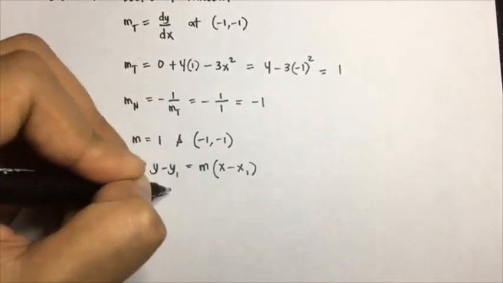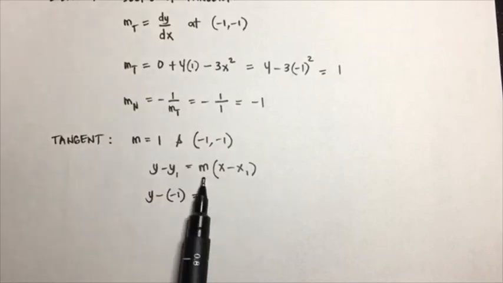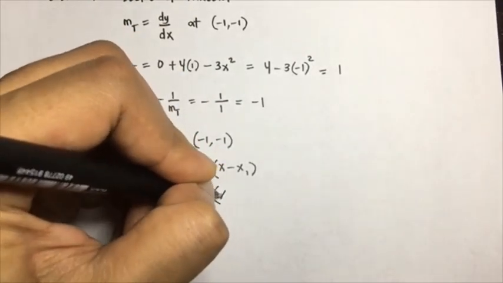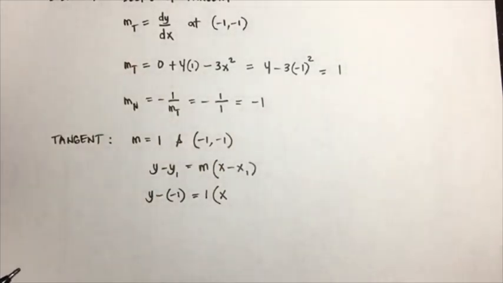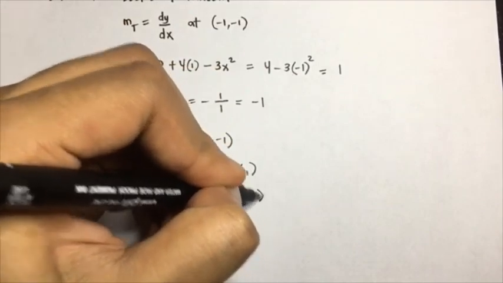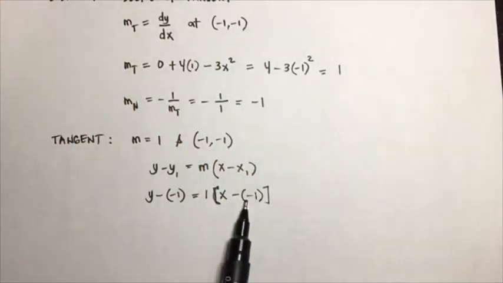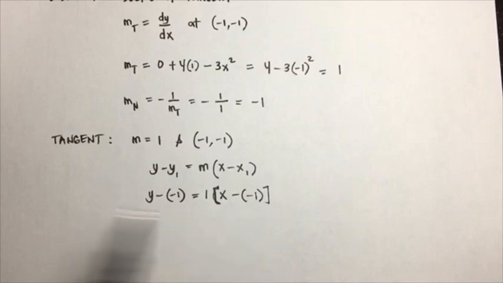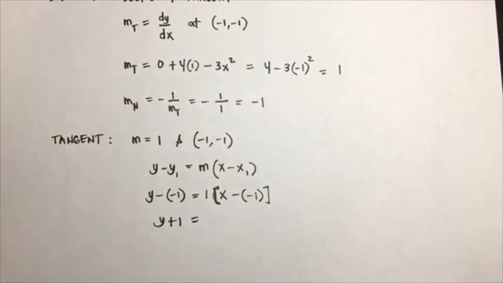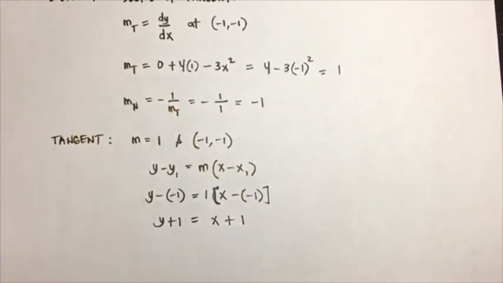Then y minus negative 1 is equal to the slope of the tangent, 1, times x minus negative 1. We will be using a bracket since we have parentheses inside. Simplifying, this is y plus 1 is equal to x plus 1.